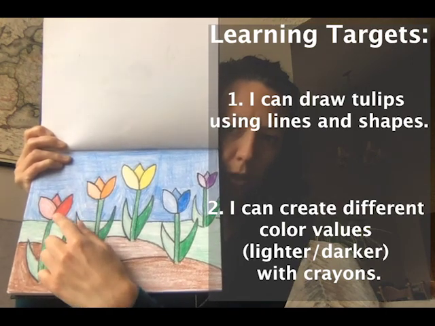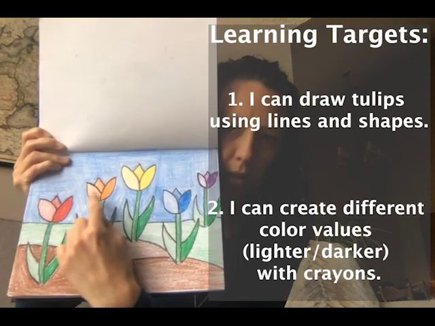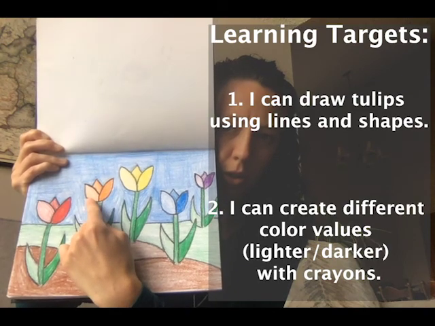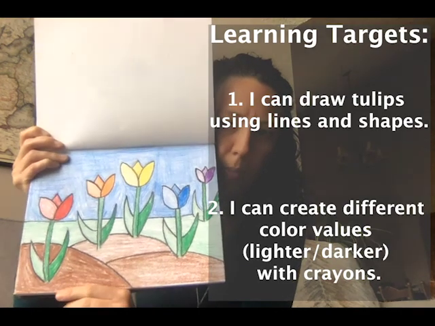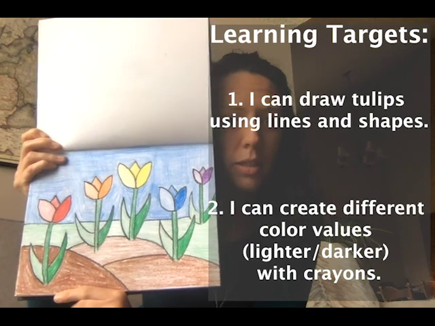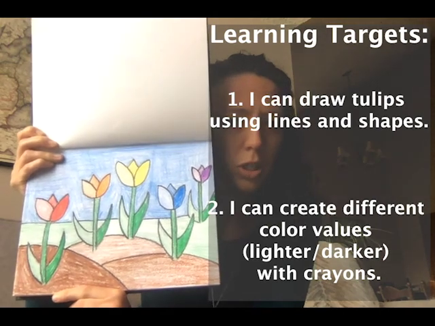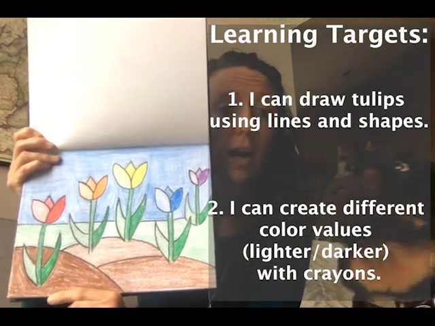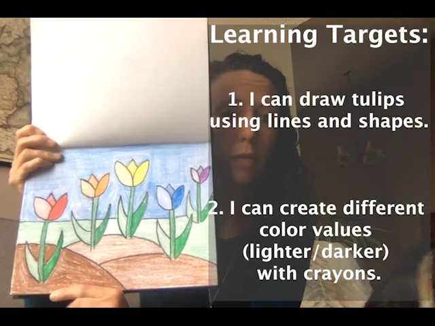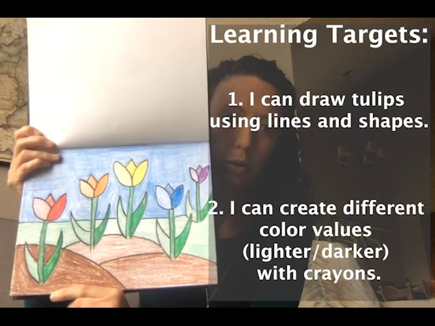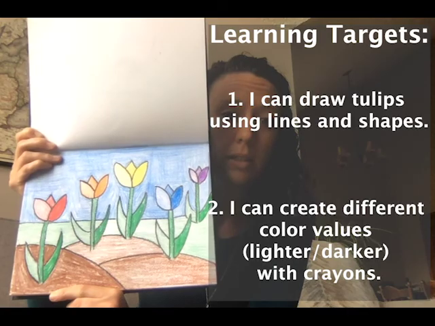So darker, lighter red, darker orange, lighter orange. So we're going to talk about how to do that with crayons. So learning target number 2 is I can create different color values, lighter or darker, with crayons.